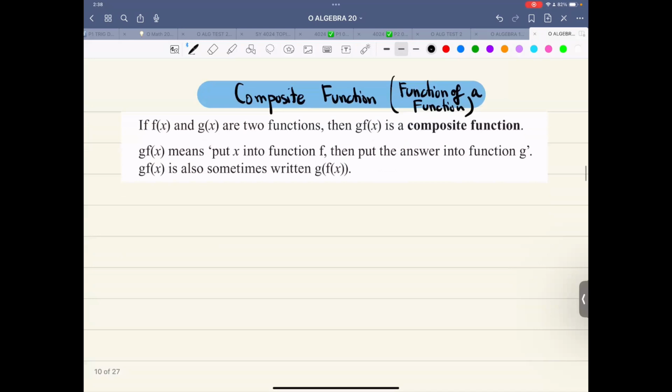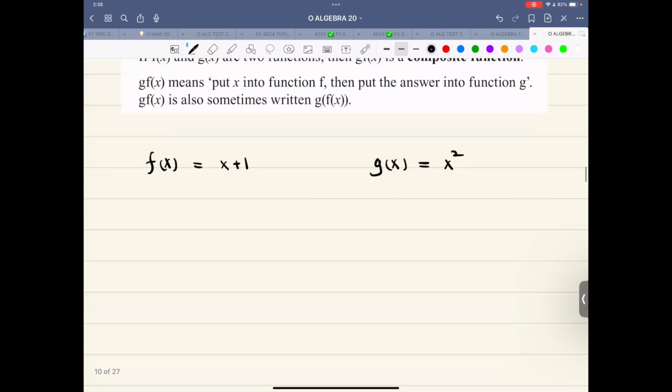Let me take a function f(x), that is x plus 1. Let me take a function g(x), which is x squared. What is the function of this function? f adds 1, g squares: add 1 to x, the input value; square the input value.